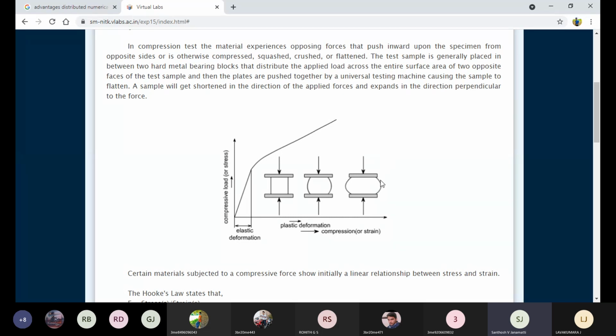So when you find that cracks originate at the corner or in the middle, at that point you can note what we call the maximum force. That is the maximum force the material will withstand, applied from opposite sides.